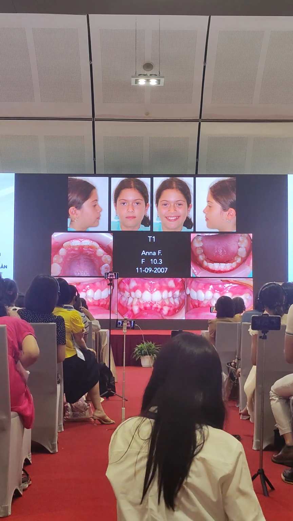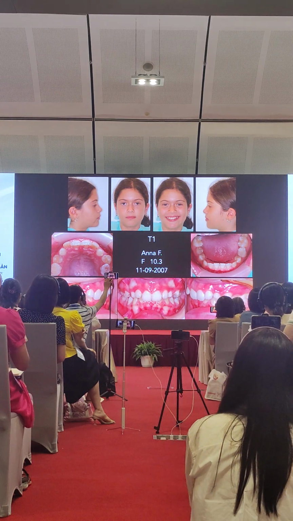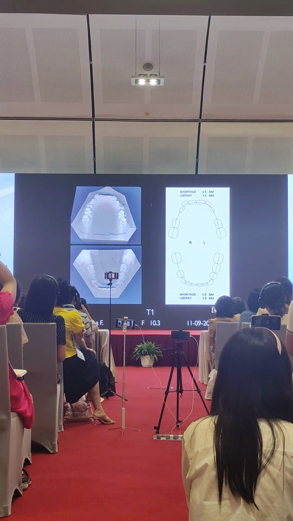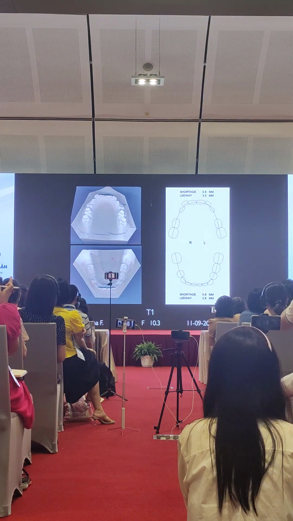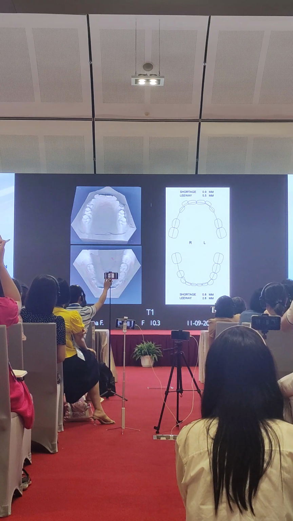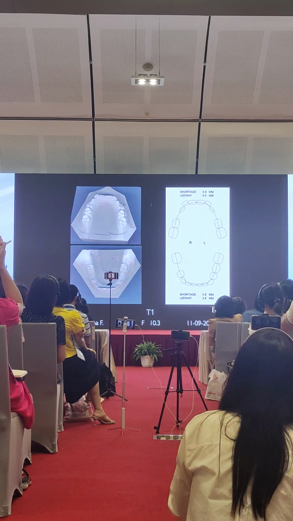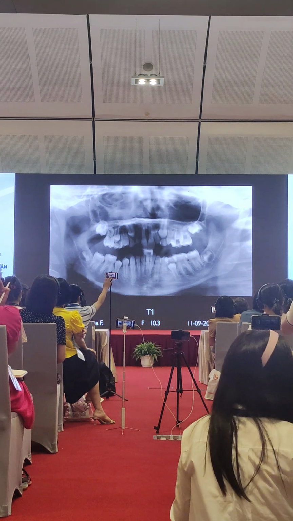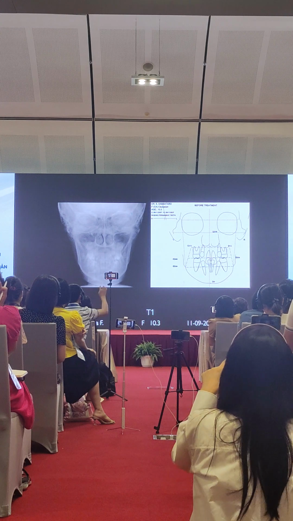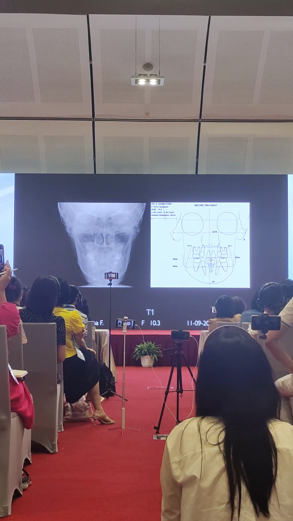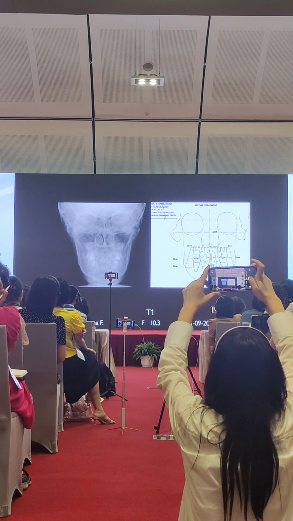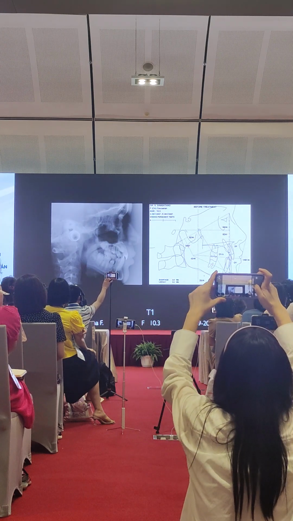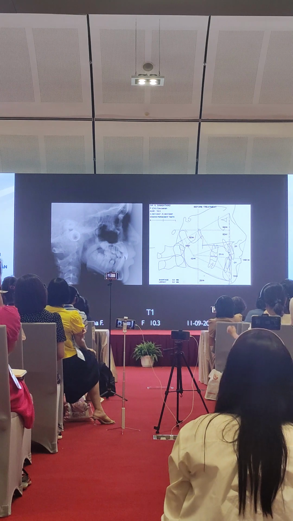So she's a deep bite, let's say class 2 division 2. She hasn't a discrepancy, she hasn't crowding, she has a lot of space. She is pretty much symmetrical, as you can see. And you can see the brachyfacial pattern.